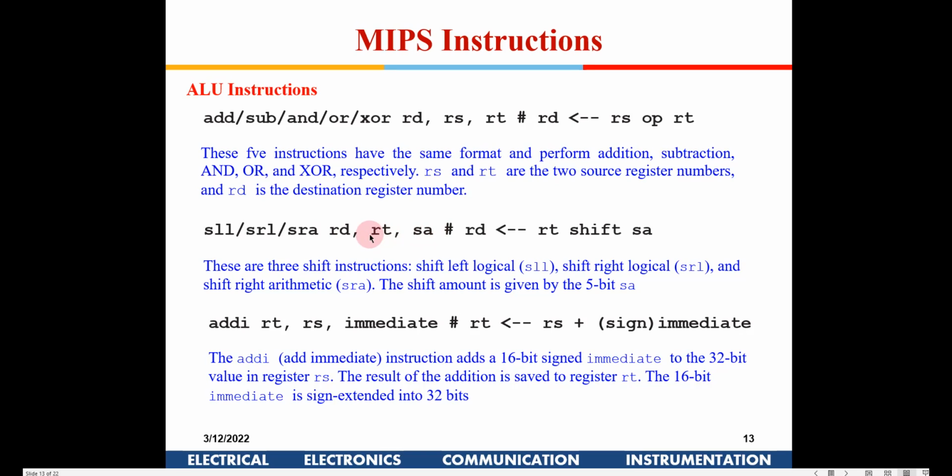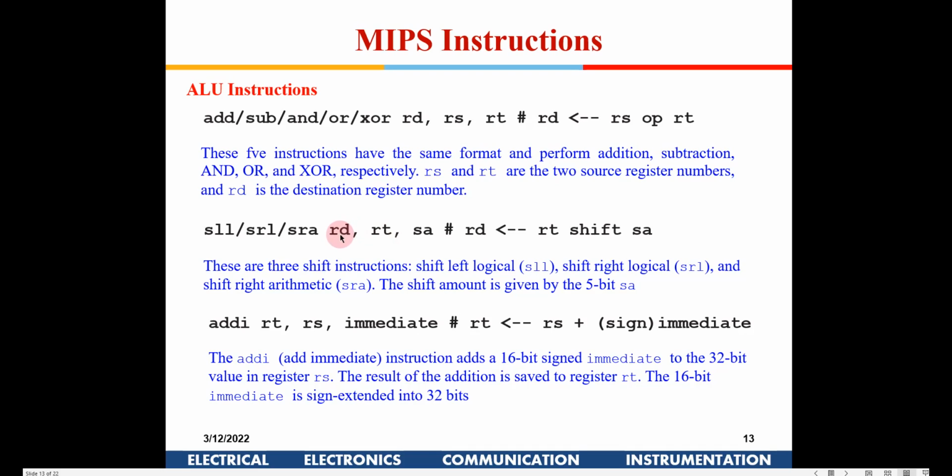So if I write register A, register C, and I write 4 out here, then whatever was the contents of C will be shifted by 4 bits, and that shifted data will be written into RD.